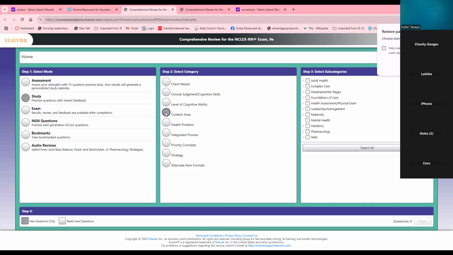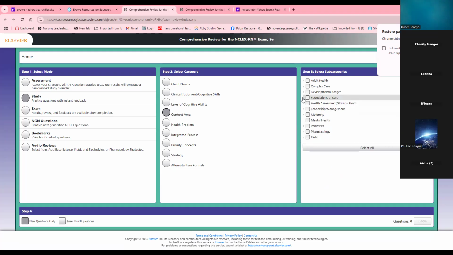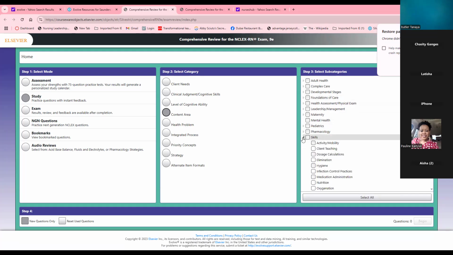All right, so now everybody can see the screen with the selections for the book. Okay, so go under Foundations of Care. You're clicking the arrow next to it. Skills. And then there's a dosage calc here. Then you just click the box and it'll bring you only dosage calc. Good.